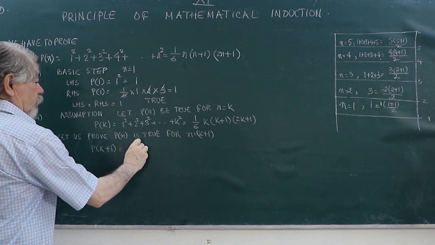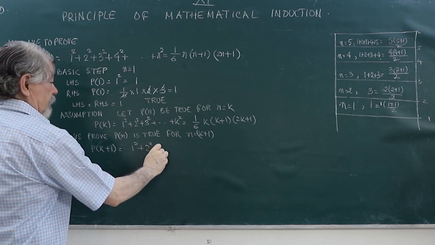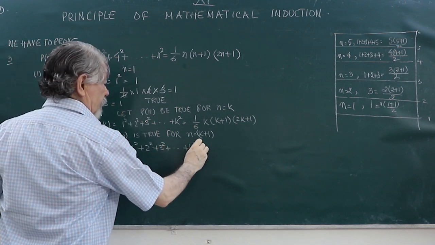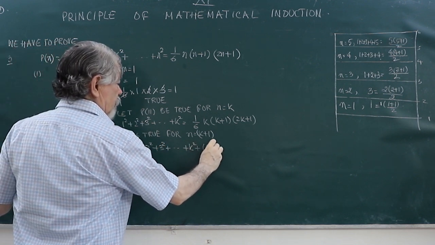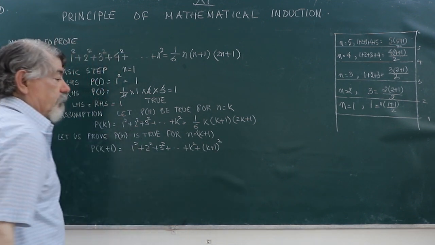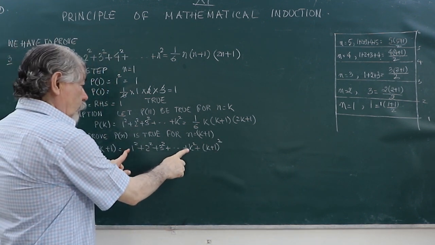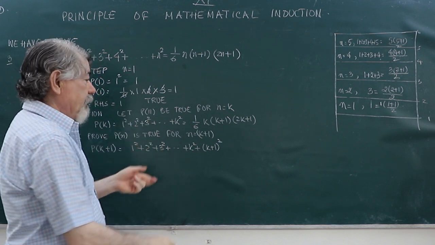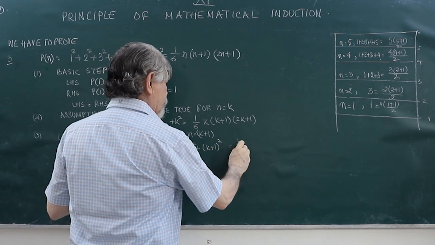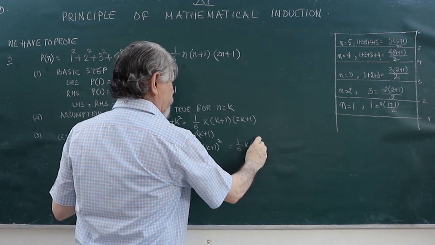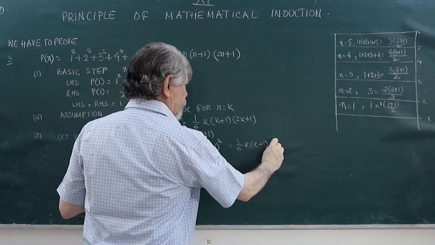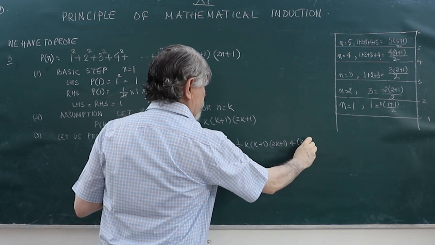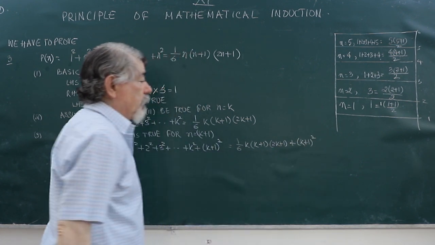It will become 1 square plus 2 square plus 3 square plus so on plus k square plus k plus 1 whole square. So this 1 square plus 2 square plus 3 square till k square is equal to what? 1 upon 6 into k into k plus 1 into 2k plus 1. And we have added k plus 1 whole square.